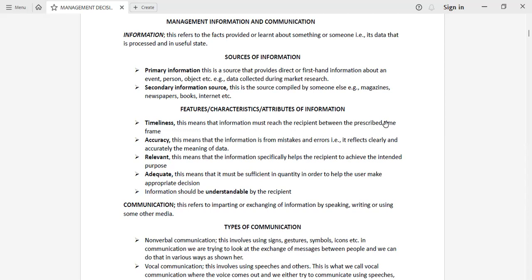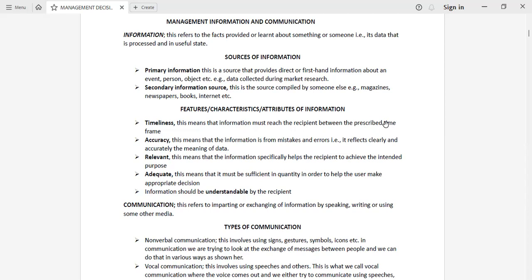Under this, we have different subtopics, and we want to start by defining what information is.